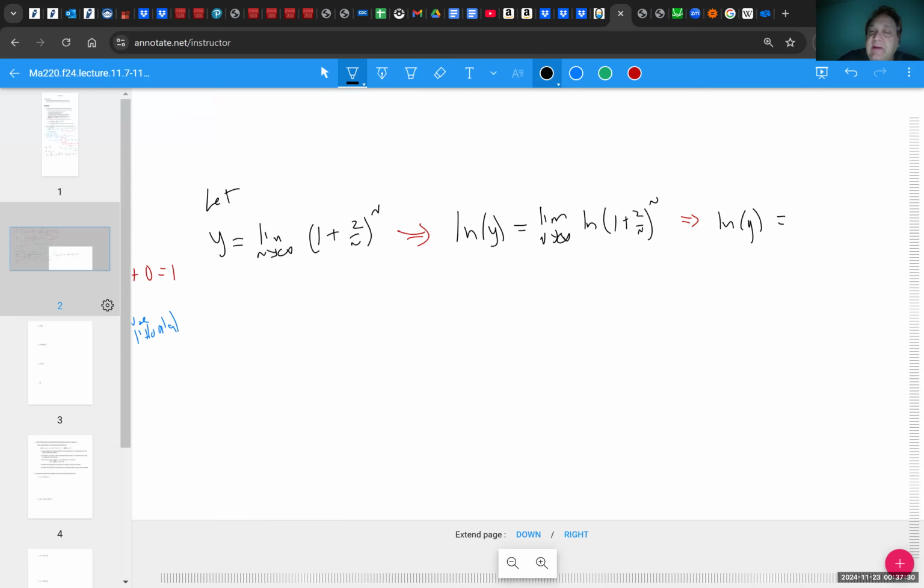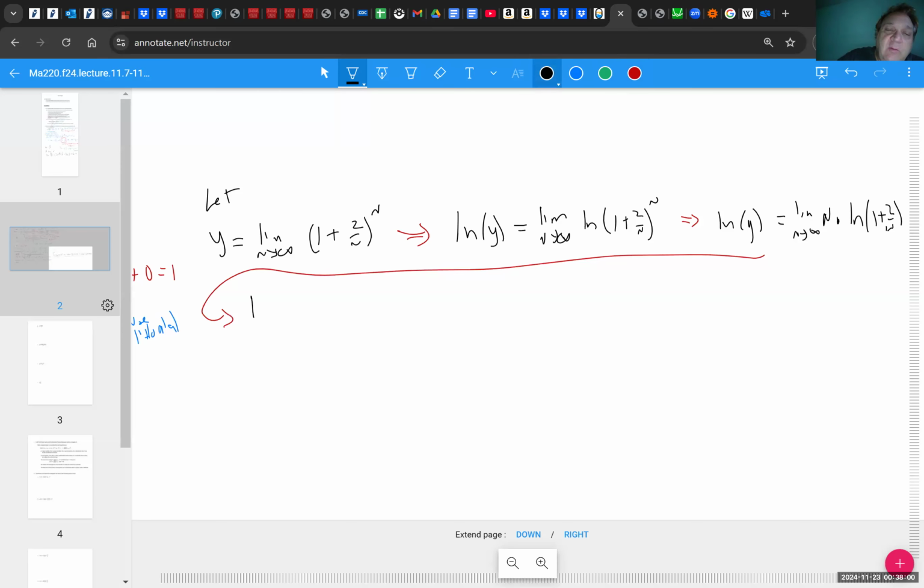On the right side, I have my limit, and I have n times natural log of 1 plus 2 over n. Right, so now I no longer have this complicated variable to a variable anymore. Logs are very nice in getting rid of that variable in the exponent. So we have n times ln of 1 plus 2 over n.